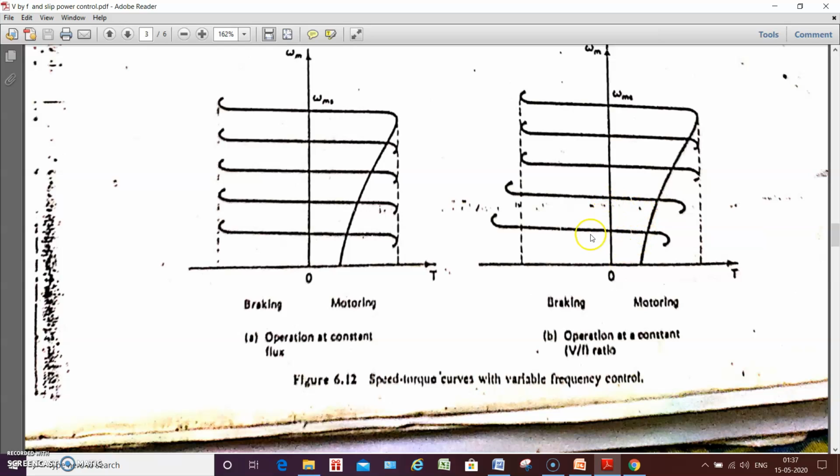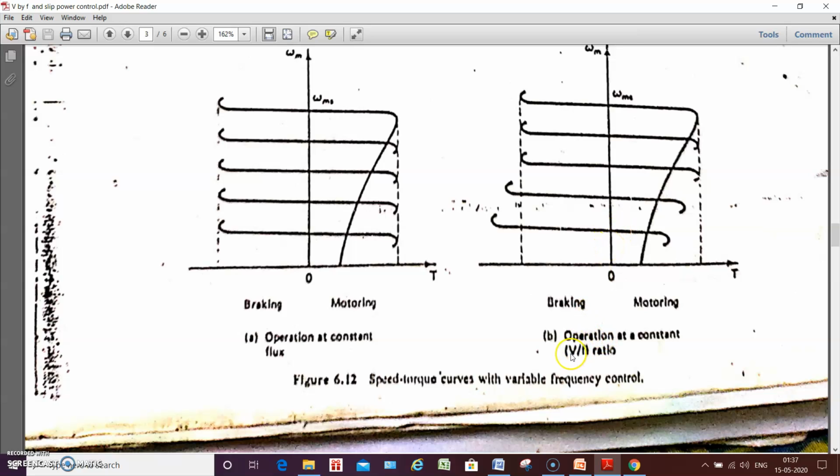So around 50% of the applied voltage is going to be the stator resistance drop. So what you can understand is, this V/F ratio will not be as desired as in the previous cases, that is, nearer to this 230 volt. At 230 volt, the stator resistance drop is not a dominant part.